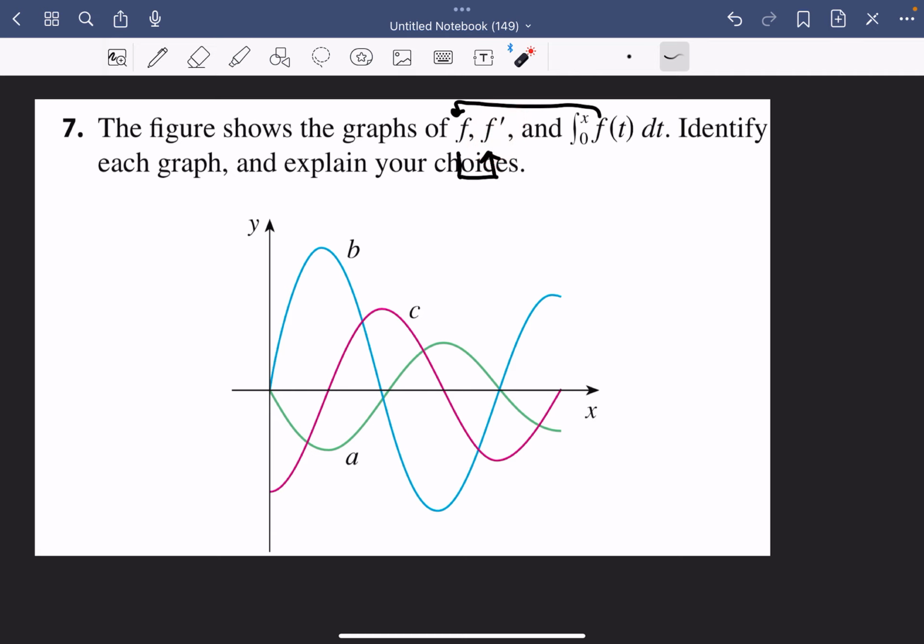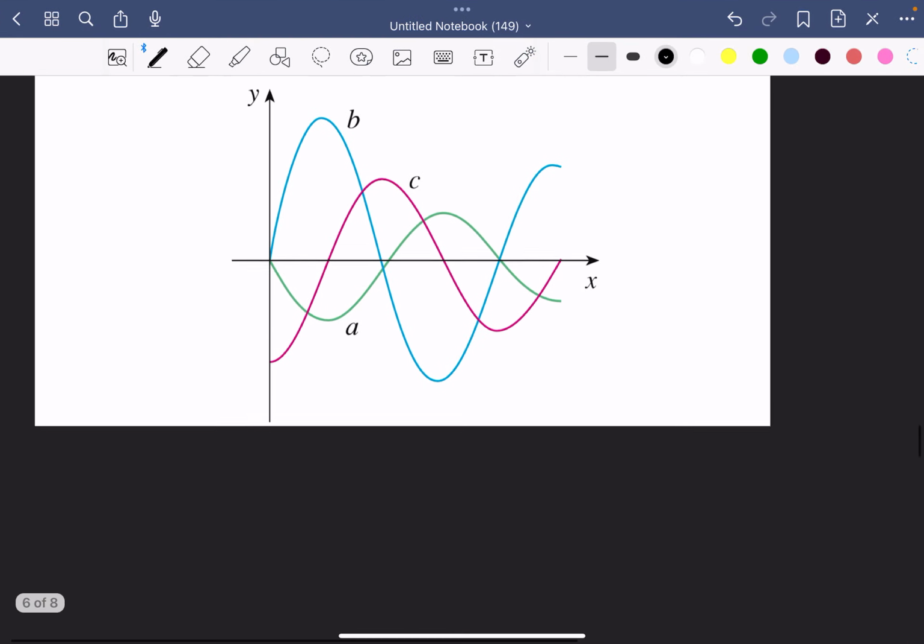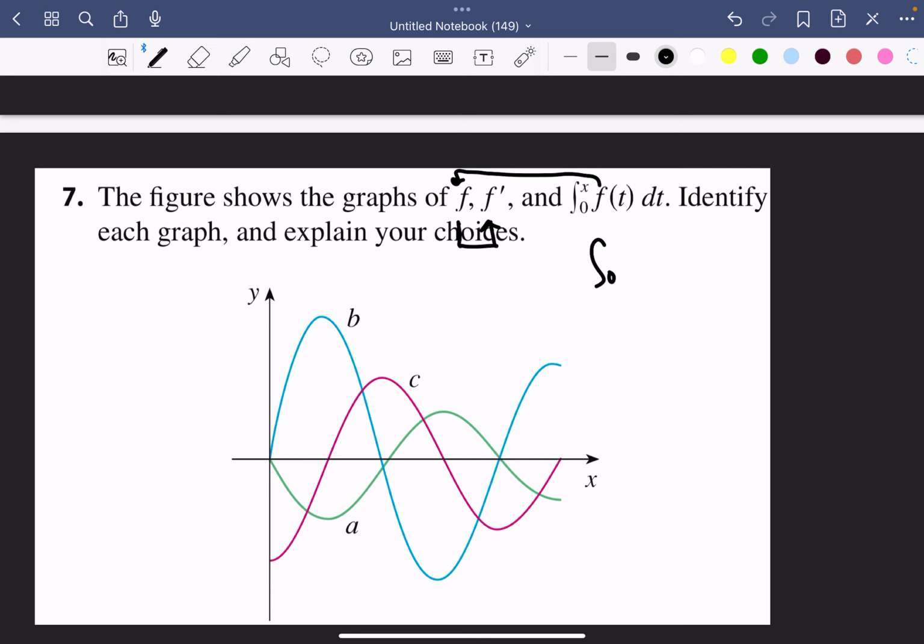So that means if I'm thinking about the original function, you can think of this with the dummy variable t dt as our function, and this as our first derivative, and f prime is actually the second derivative if our original function was the integral.